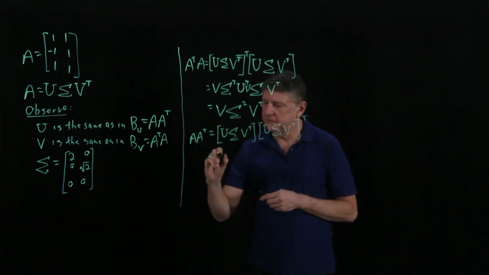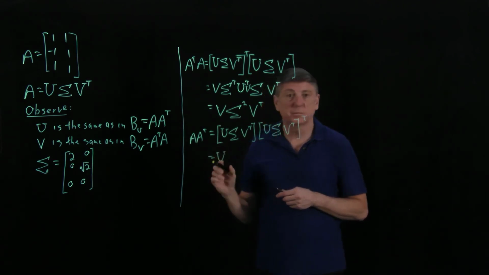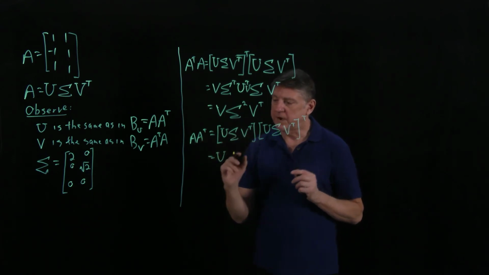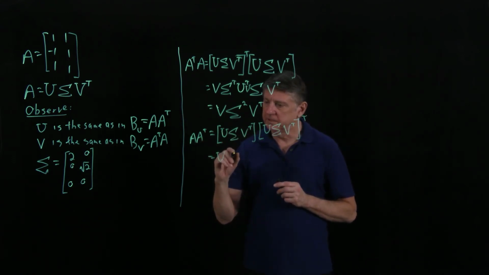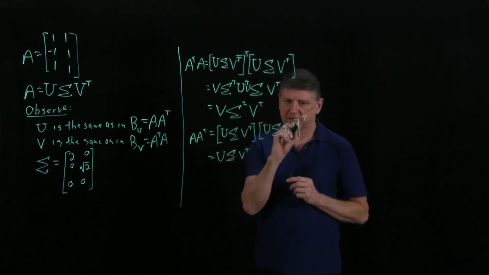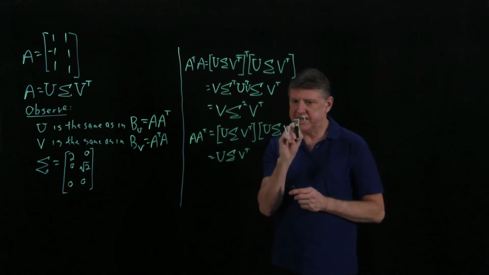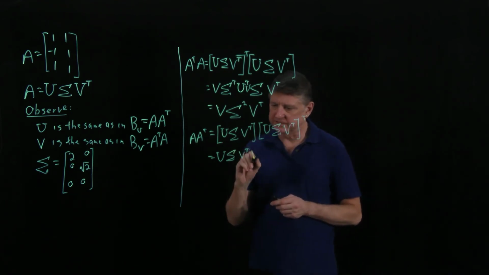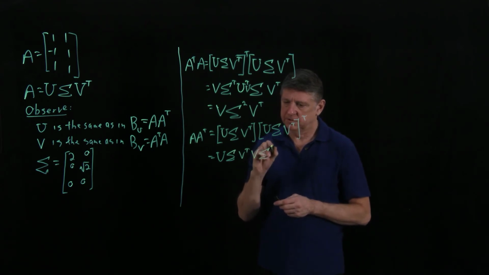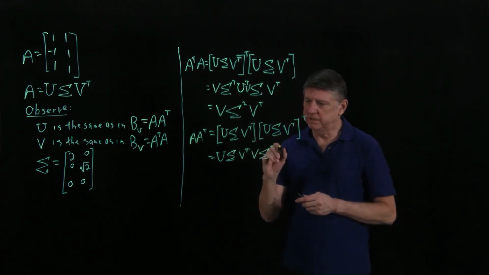Now we'll use the associative property of matrix multiplication and get rid of all of the bracketing, and so that will be U sigma V transpose times, when I transpose that, V transpose transposed is V, and then sigma transpose, and then U transpose.